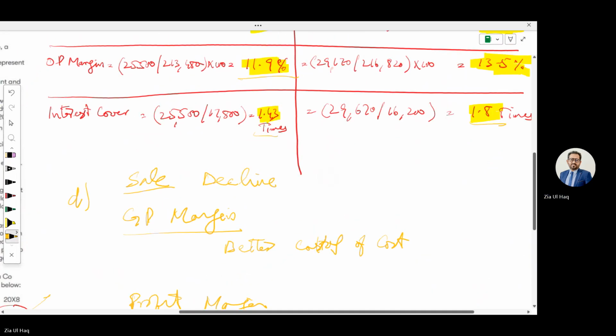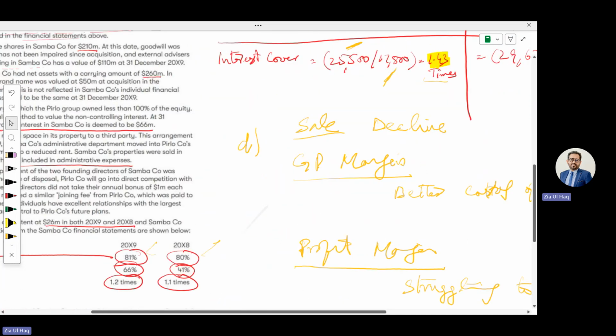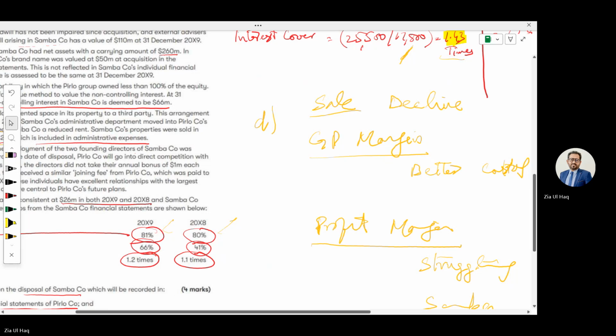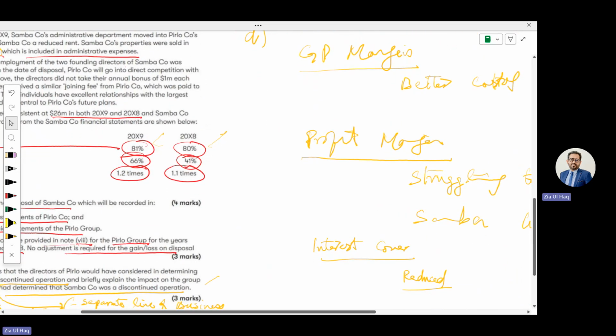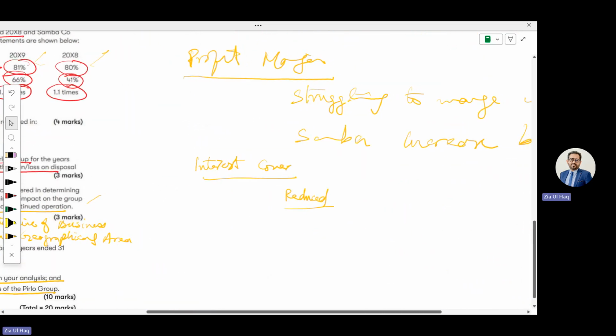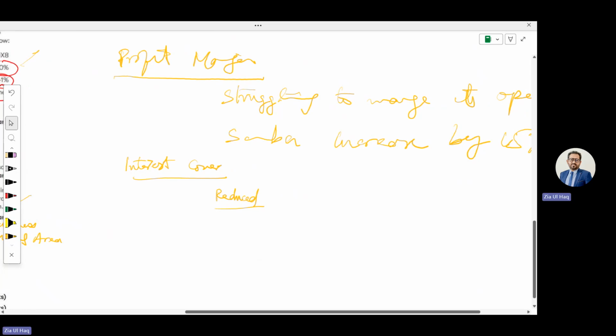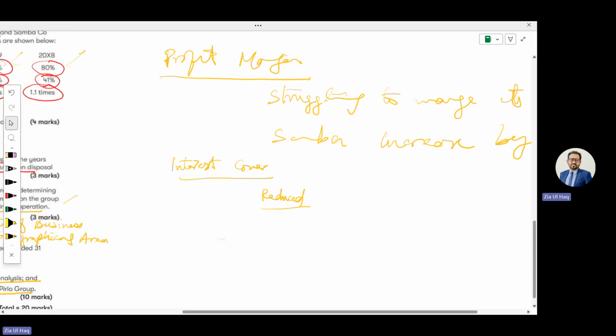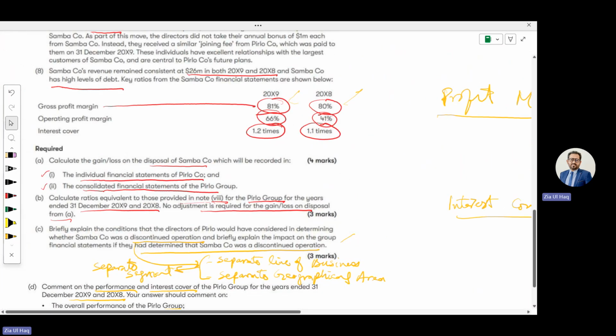Either profit decreased or finance cost increased, and it seems profit decreased as well as finance cost increased. While Samba was having 1.1, 1.2 interest cover, meaning reduced. And this reduction might be due to Samba because Samba was highly dependent upon debt.